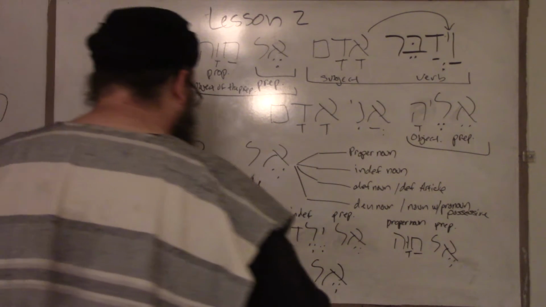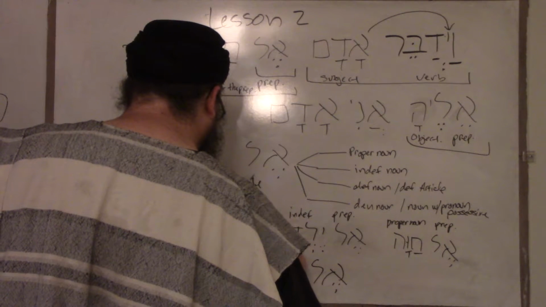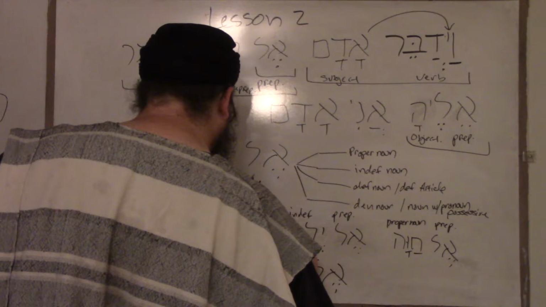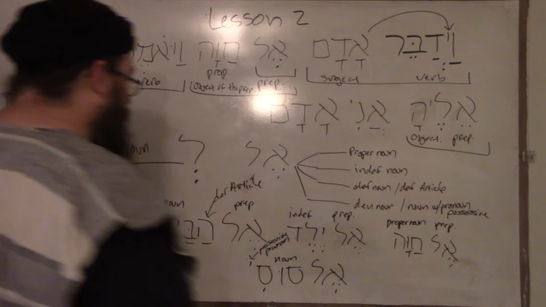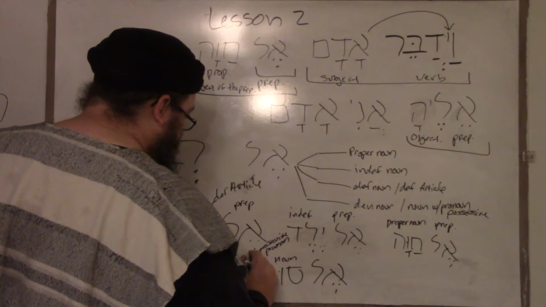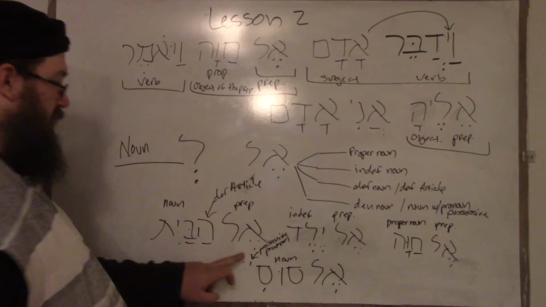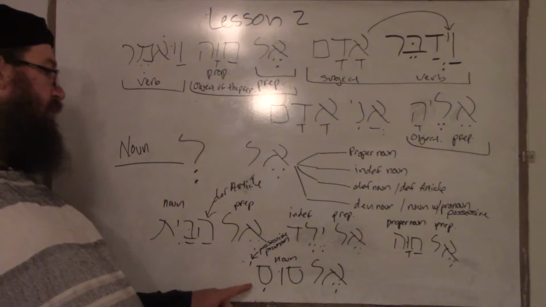Susi is the possessive pronoun, and here's the noun. So here we have, let me look at this a little more. The yud at the end of Susi, okay, which is my horse.